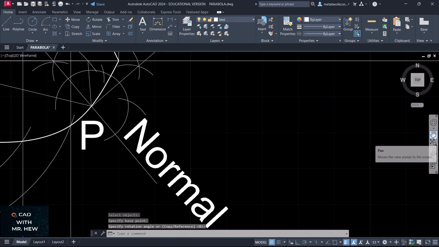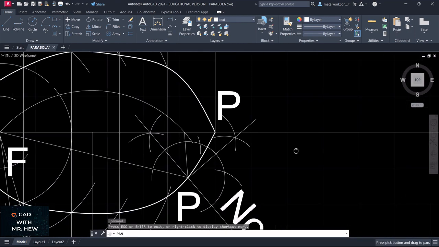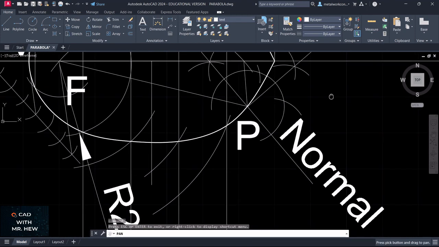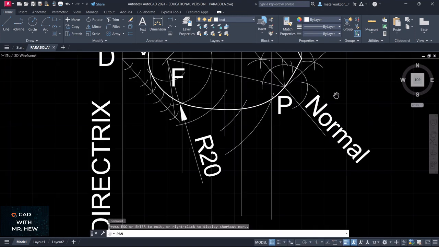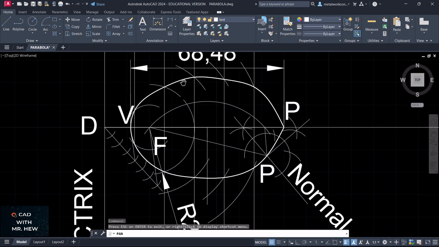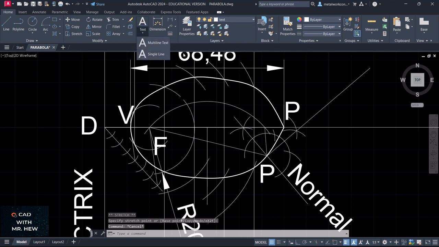All right, so the tangent would be this perpendicular line. Let us extend it. And then here we can go to single line text to indicate that this is a tangent.